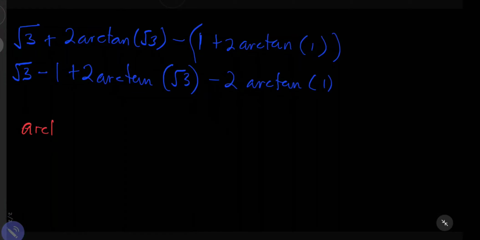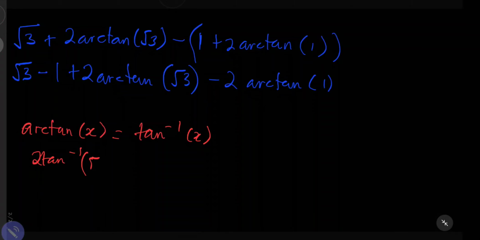We all remember that arctan x is the same thing as tan inverse of x. And if arctan x is the same thing as tan inverse of x, we know that 2 tan inverse of root 3 is equal to 2 times pi over 3, which is 2 pi over 3.